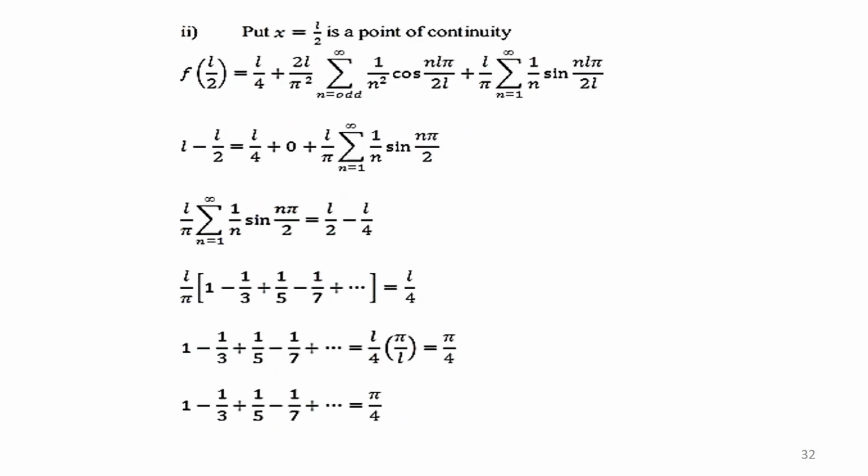And if I put x is equal to l by 2, for l by 2 the limit should lie between 0 to l, right. From 0 to l alone the limit l by 2 lies, okay. So l by 2 lies between 0 to l. So what I have to do is take l minus l by 2, okay.